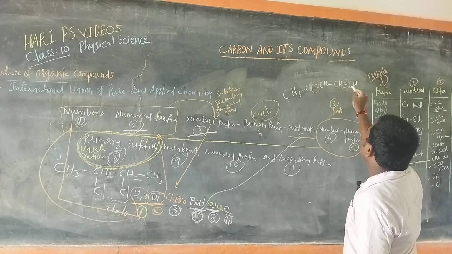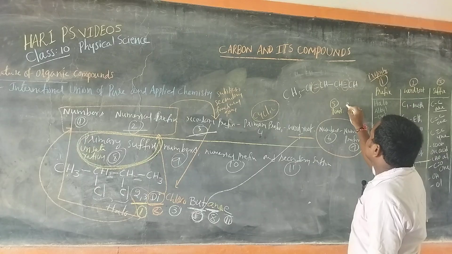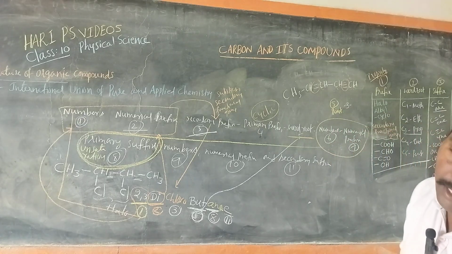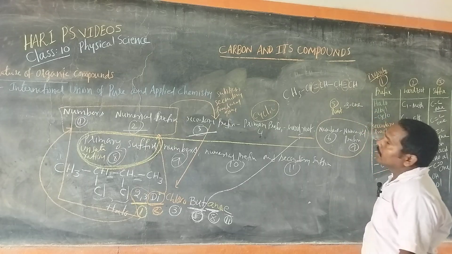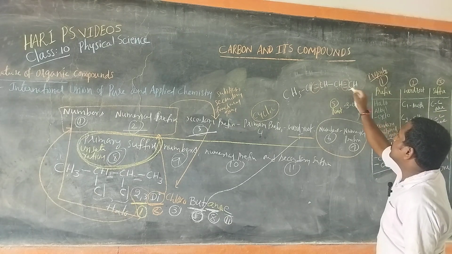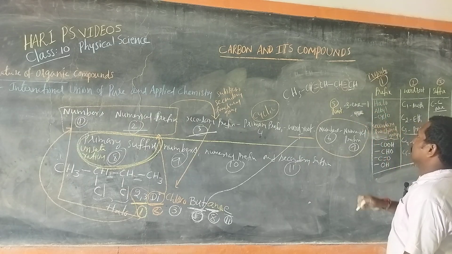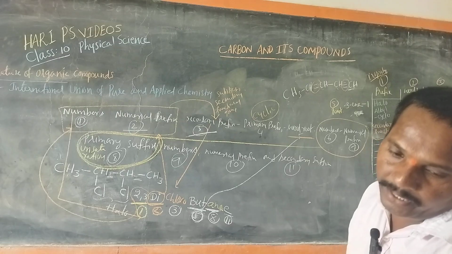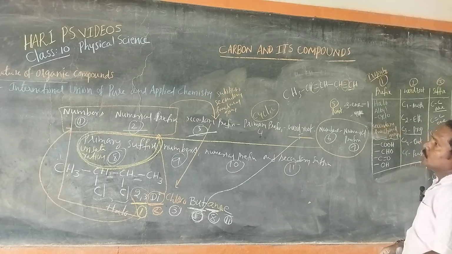Count 1, 2, 3, 4, 5: the third carbon has the double bond, so 3-en. Then the first carbon has the triple bond, so 1-yne. So pent-3-en-1-yne.